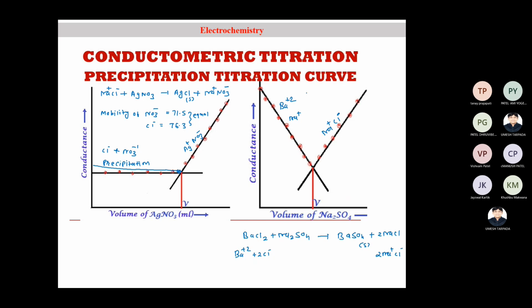If you want a value, Ba2+ has conductance value 63.6 and Na+ is 50.1. This is the literature value. So 63 is replaced by 50, and therefore it initially decreases. After that it starts to increase.